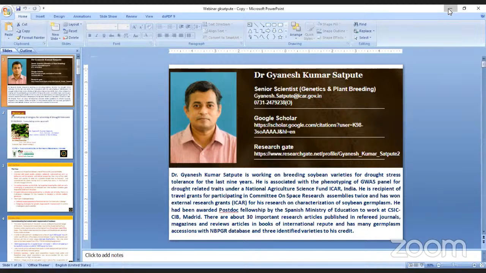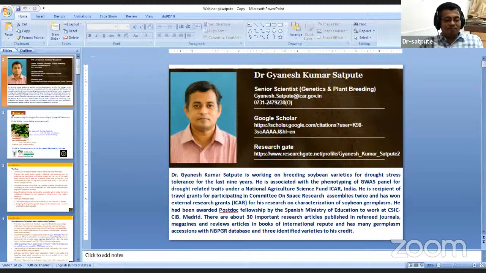Early season means up to flowering, mid season drought at flowering, and late season at pod development. So if you screen whatever germplasm lines or sources you have, that will be very useful for further breeding, by creating artificial drought conditions at your locations.